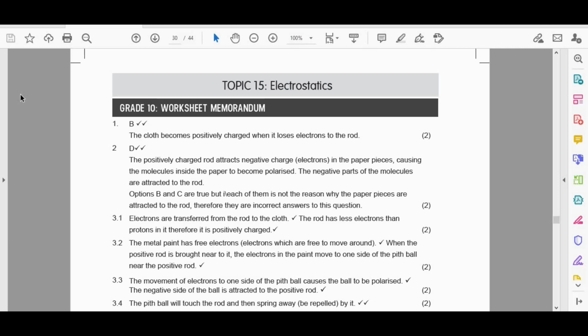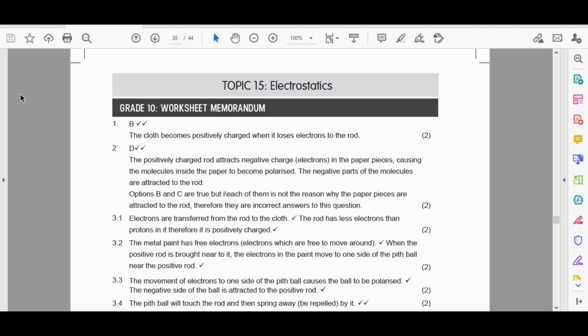Something interesting to note, though, about options B and C. Options B and C are true. I can't remember what they are right now, but they are true because in each of them, it is not the reason why the paper pieces are attracted to the rod. Therefore, they are incorrect, though they are true within themselves.